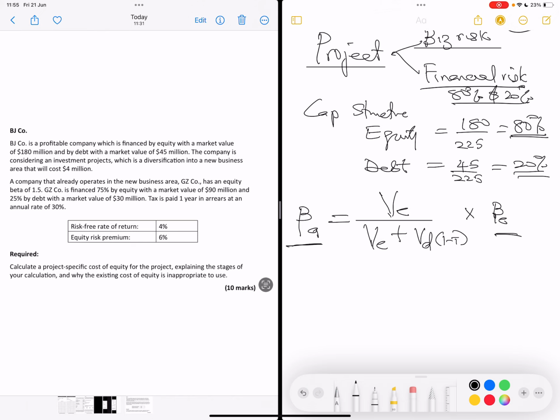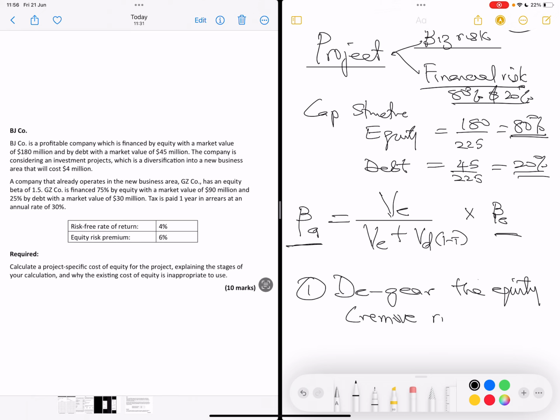So now that we know the beta equity of GZCO to be 1.5, the first step we want to do is to de-gear that equity beta, which means we want to remove the financial risk.